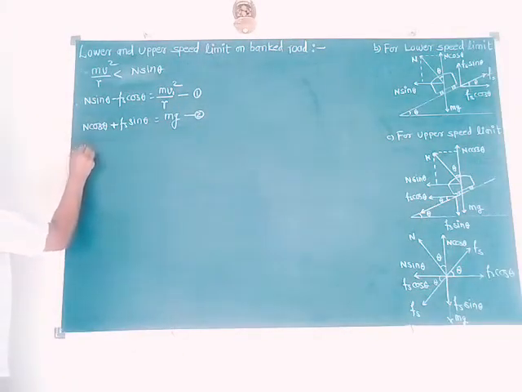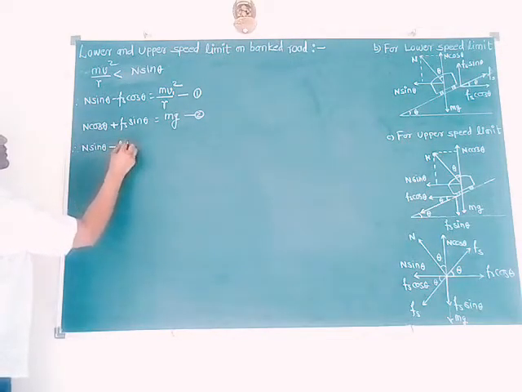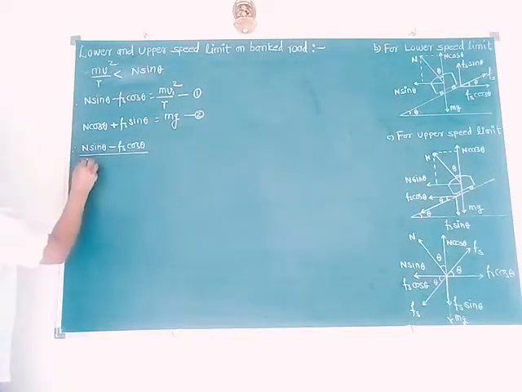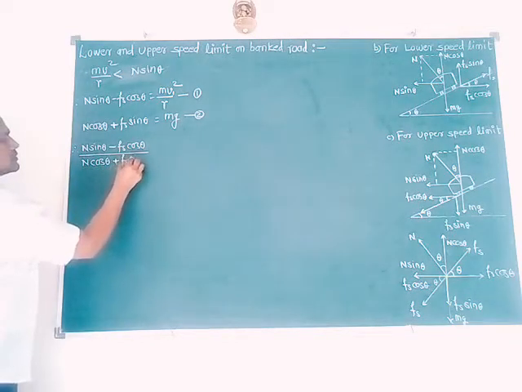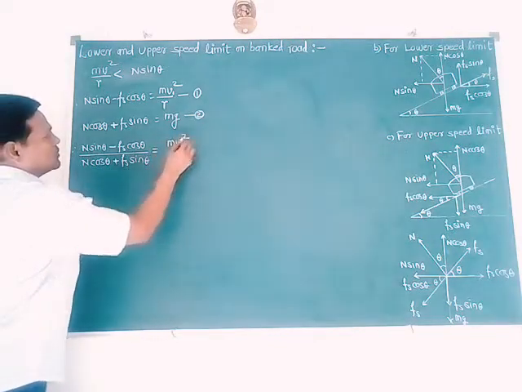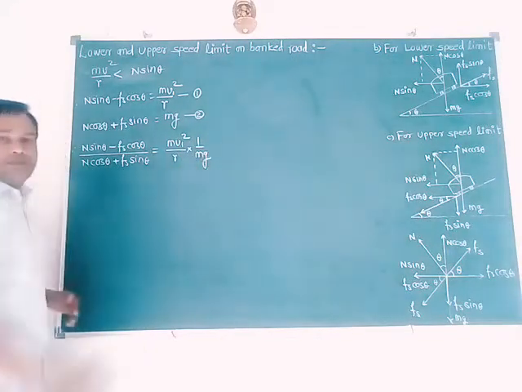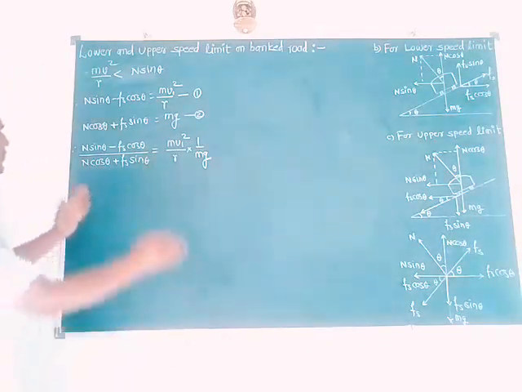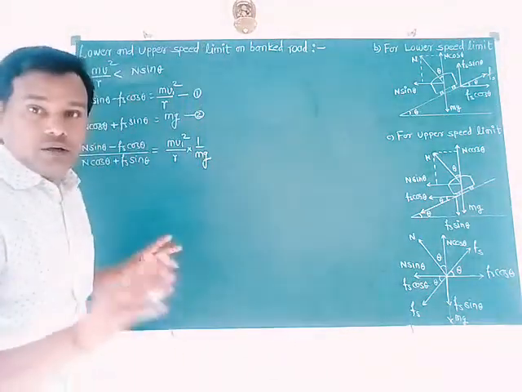So we can write here n sin of theta minus Fs cos of theta divided by n cos of theta plus Fs sin of theta is equal to m v1 square upon r into 1 by mg. It is clear that on the right side m gets cancelled. On the left side, divide numerator and denominator by n cos of theta.